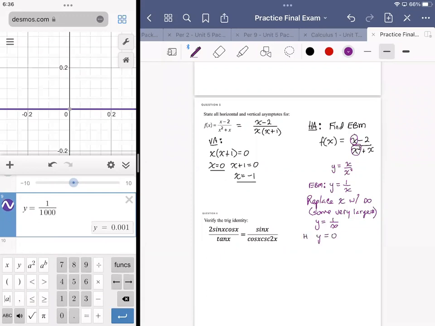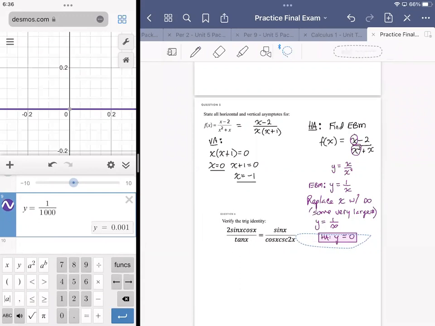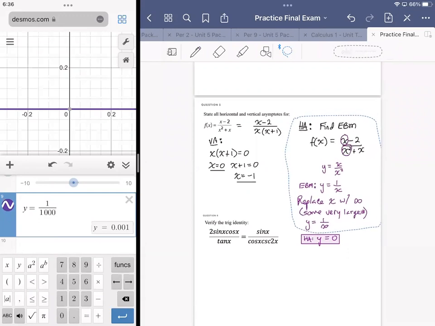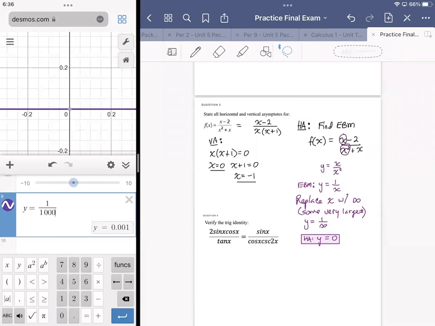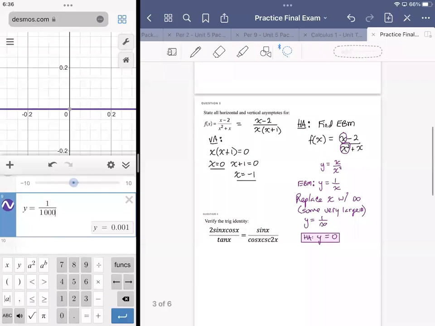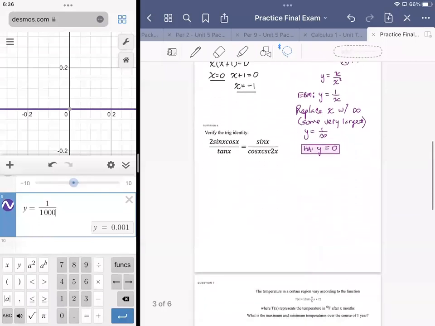And so that's my horizontal asymptote. But like I said before, most of the time you can just pick it out of the picture. So there's really no need to get into this technique, but it's something that is useful going forward. So it was worth talking about a little bit.